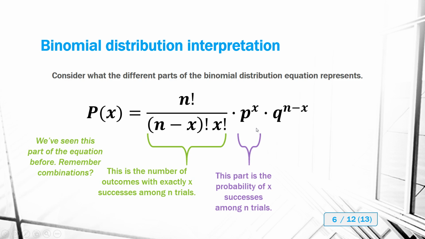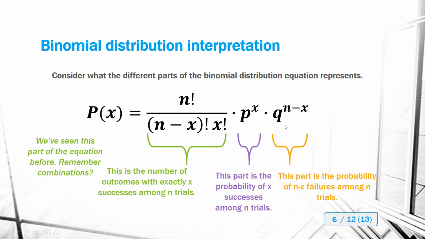Okay, but the other 2 trials are failures, and so that's where this last part of the equation comes in. To represent those trials, which were not successes but failures, we take the probability of failure and multiply it by itself for the number of trials that are actually failures.